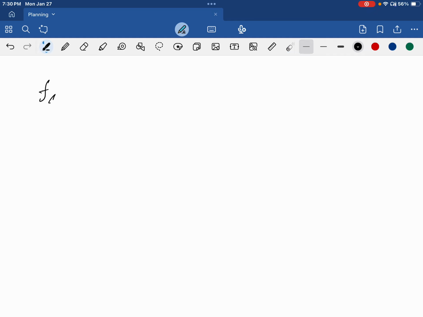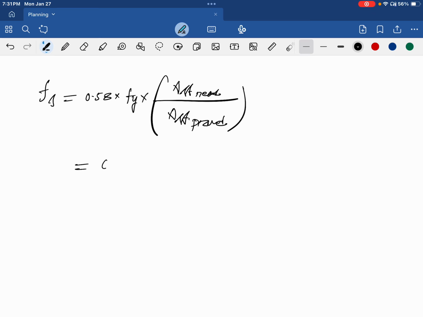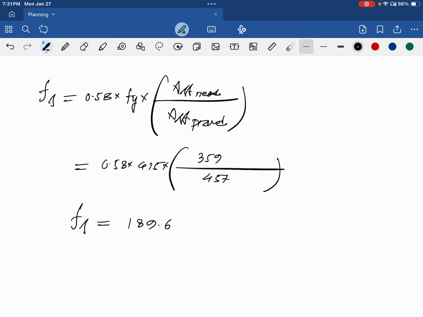Our Fs will be 0.58 Fy times Ast required by Ast provided. Just calculate 0.58 times Fy, which is Fe415, times 359 by 457, required by provided. Your Fs comes out to be 189.6, roughly 190 Newton per mm square.